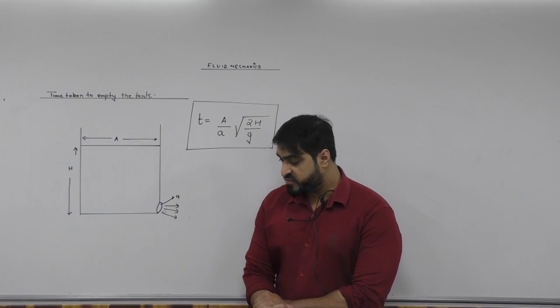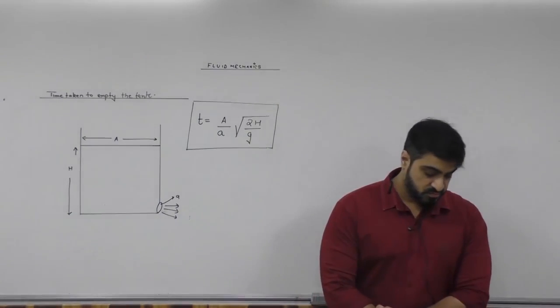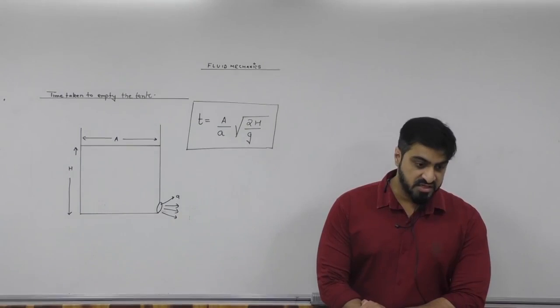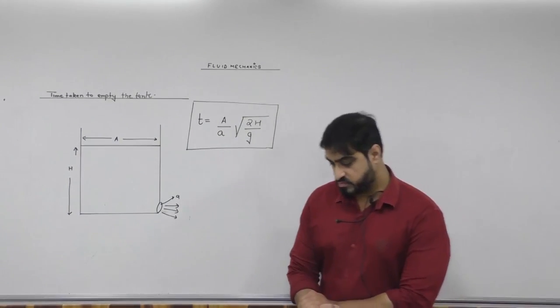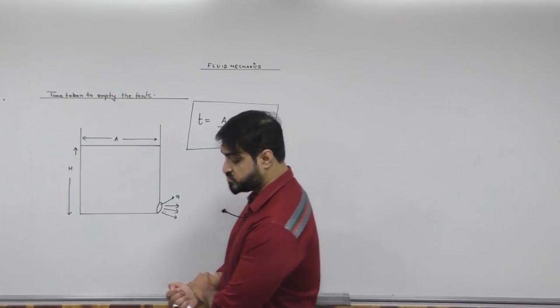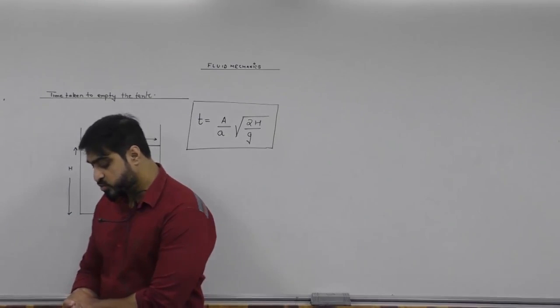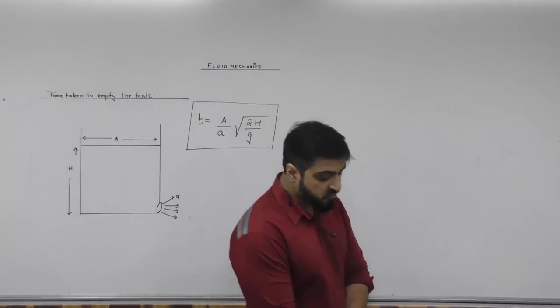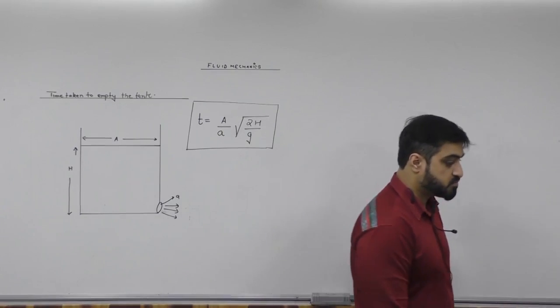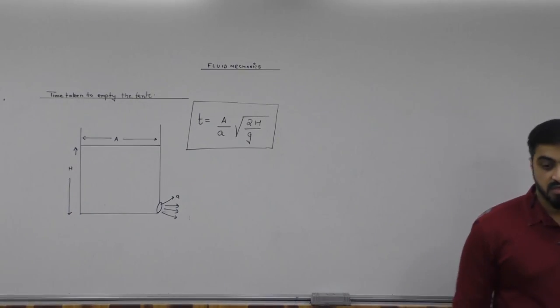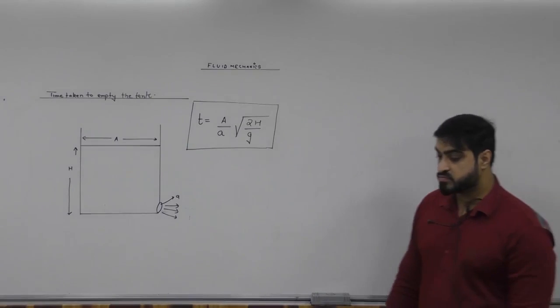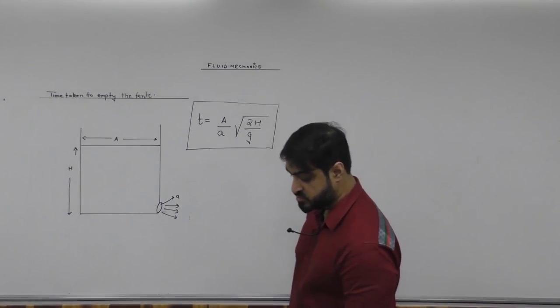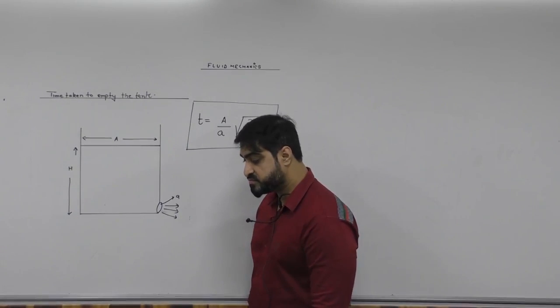And the second half, that is h by 2 to 0, is t2. Find the ratio of t1 to t2. Okay?